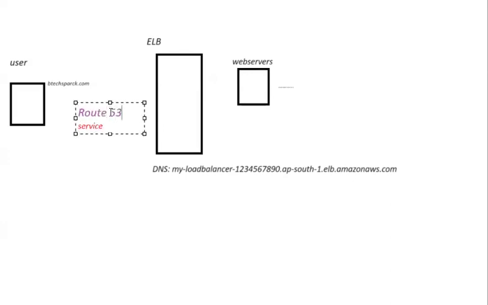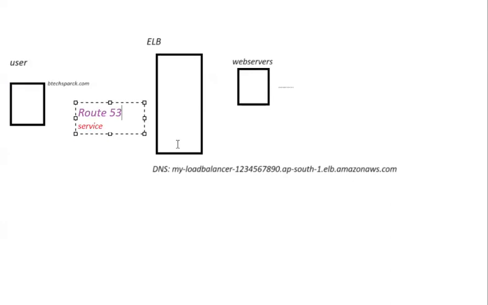Route 53. So now let me ask you a question. Does this Route 53 need to maintain both website URLs as well as my elastic load balancer DNS URLs? Does it need to store and maintain those two? Yes.